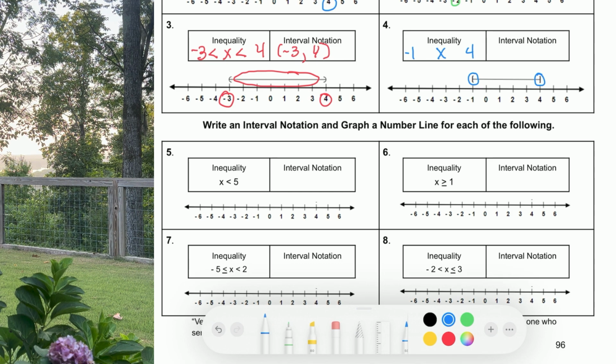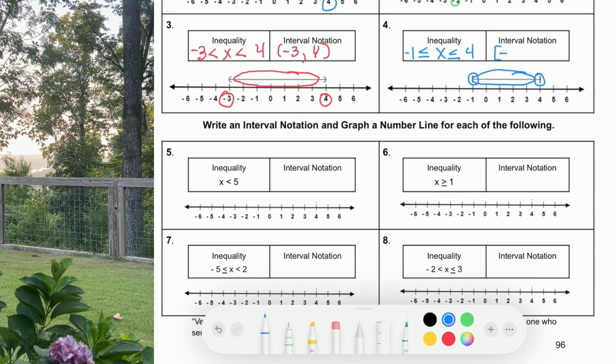So that means those numbers are included in the solutions. So -1 is less than or equal to x, and x is less than or equal to 4, because this middle line, part of the graph, is demonstrating the values of x. Any of those numbers on that line are the values of x.